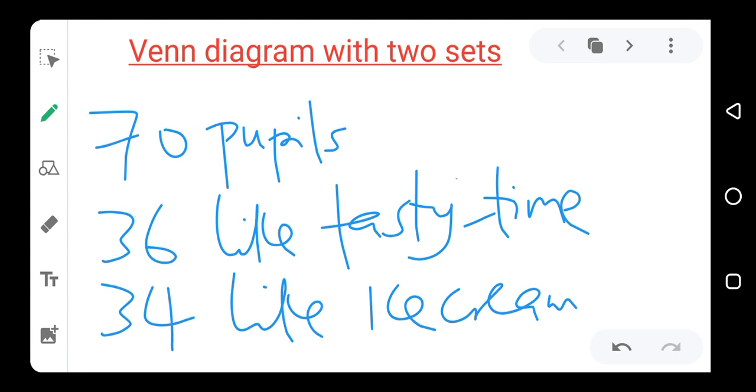Now 6 like both Tasty Time and ice cream. 6 pupils like both Tasty Time and ice cream. So 6 like both.